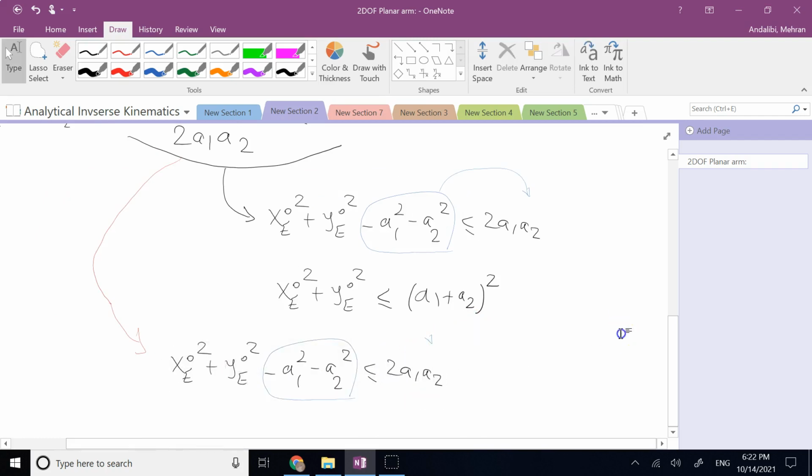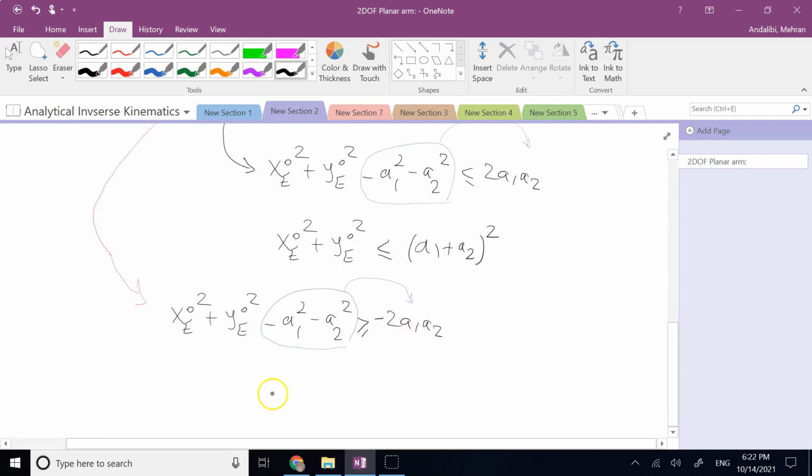So if you do that portion of it, then you will get bigger than or equal to negative 2 times that. And again, if you take these two negative terms to the other side, then you will get your xe squared plus ye squared is bigger than or equal to a1 minus a2 squared.